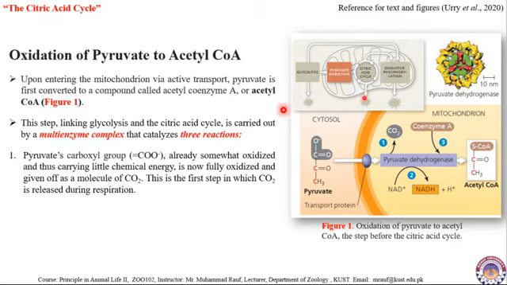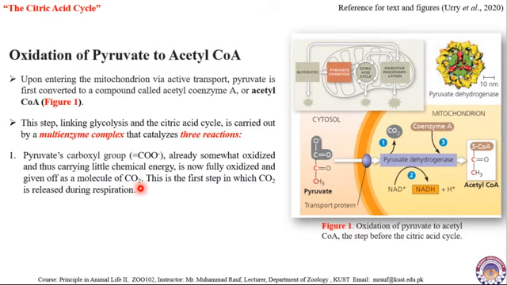The first, pyruvate's carboxyl group. Remember, pyruvate is a 3-carbon molecule. So the pyruvate's carboxyl group, already somewhat oxidized and thus carrying little chemical energy, is now fully oxidized and given off as a molecule of carbon dioxide.